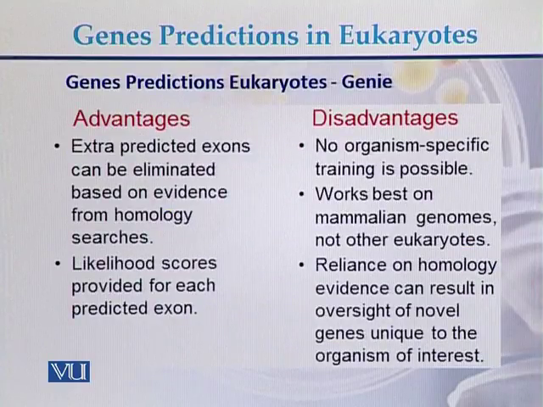There are some advantages and disadvantages. Extra predicted exons can be eliminated based on the evidence from homology searches. On the other hand, it works best only for mammalian genomes, not for other eukaryotes. So these are some of the advantages and disadvantages of this tool.